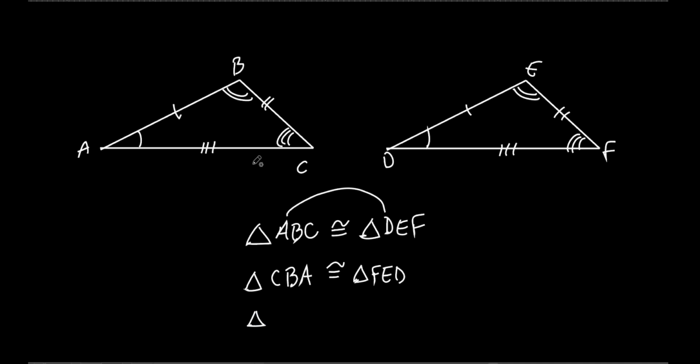Gio, what's another way I could name this triangle? BCA? Okay, let's call it BCA. And then if I go BCA, what am I going to have to go over here? EFD. Everybody good? I could have done this a few more times, right? With all the different names I could have called that. But they got to match up.